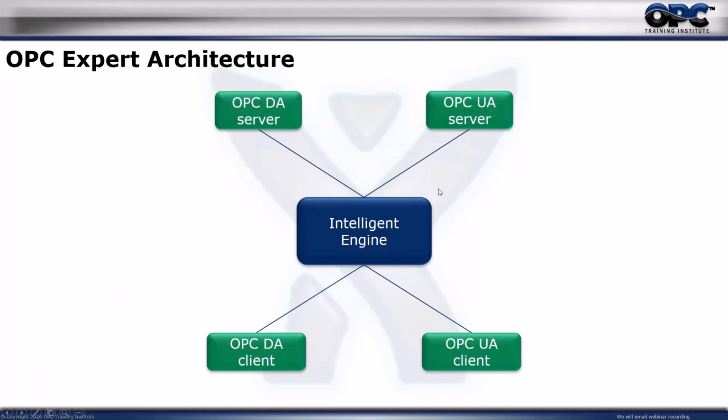And if you notice, it's a little bit subtle here. It means that this one here is already a converter. The converter is built into the architecture. You can take an OPC DA and send out OPC UA, or send in OPC UA and take out OPC DA. So it's a converter, and that's the architecture. It's baked into the architecture.